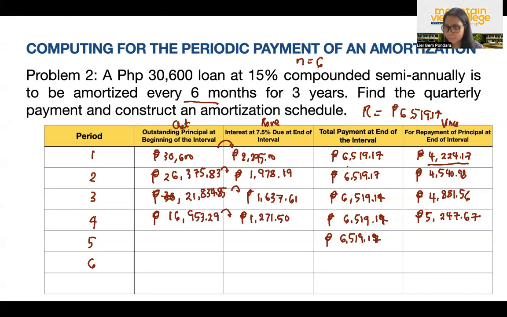That will be 11,705.62. Rovi, 877.92. Vince, repayment. 5,641.25. Let me subtract that from our outstanding principal.